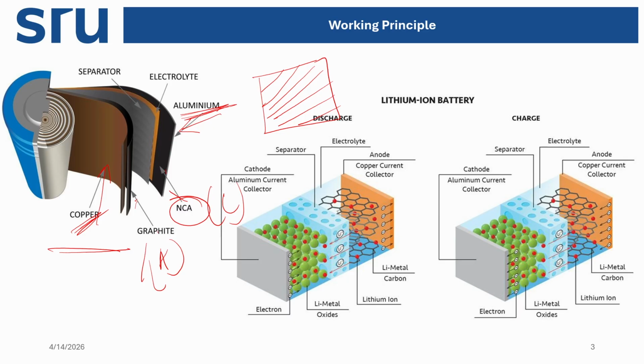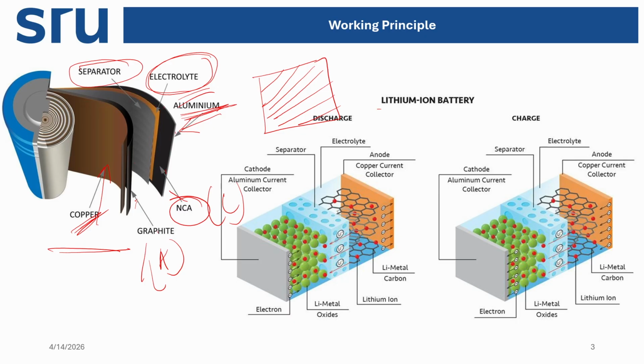It will block the movement of electrons, but it will allow the passage of electrolyte or ions. That is called the separator. And one electrolyte will be there. Electrolyte means salt with solvent. So these are the major components in the battery.